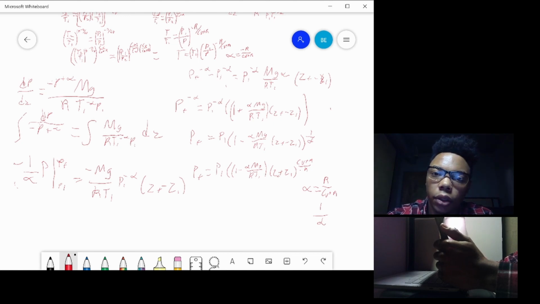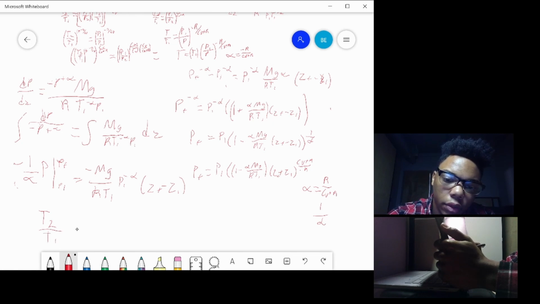But from earlier, let us not forget that T final is equal to T1 times P1 over P final to our alpha.